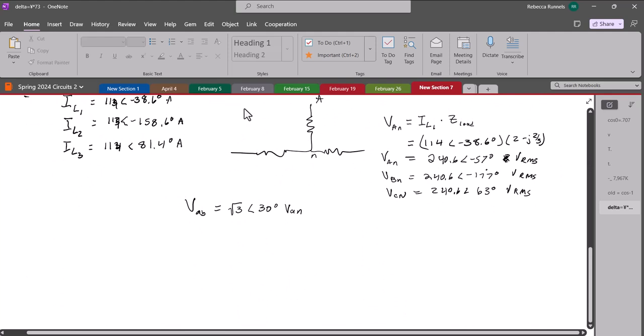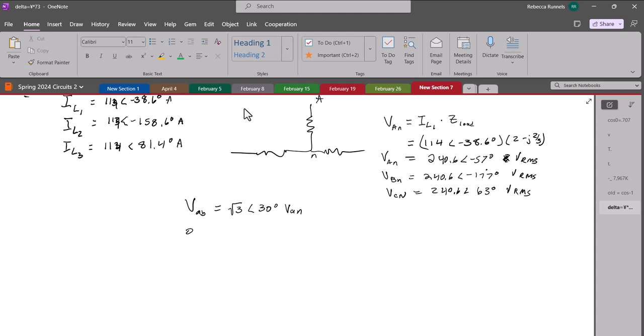And so I'll have 240.6 multiplied by the square root of 3. And I'll take my angle, which was negative 57 degrees, and I'll add 30 to it.